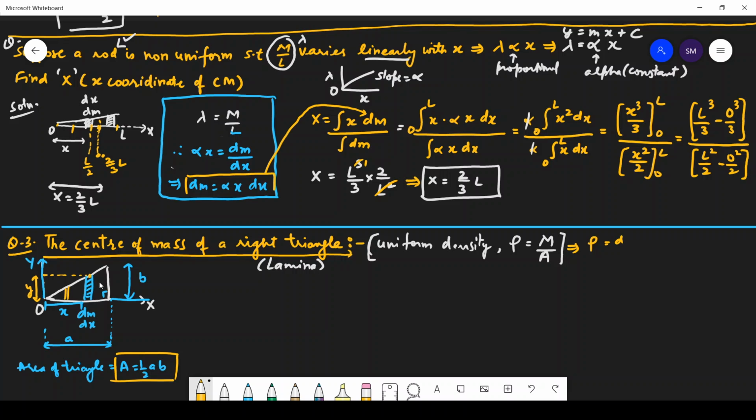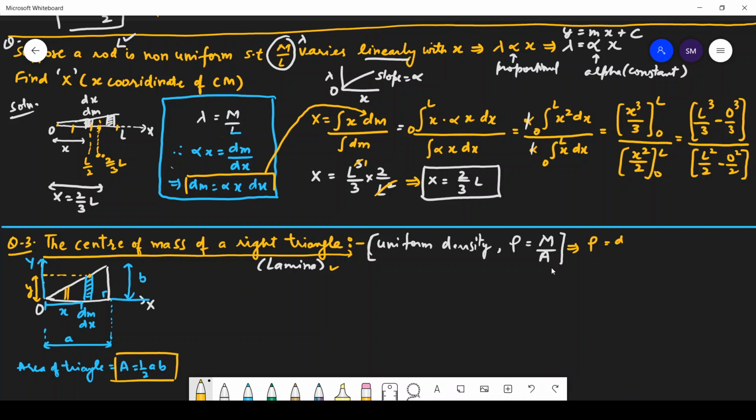The density is given by mass over volume if the thickness is given to you, students. Then you will write volume instead of area, okay? And if there is no thickness, if there is a lamina, then you need not write T, as the thickness is almost negligible.